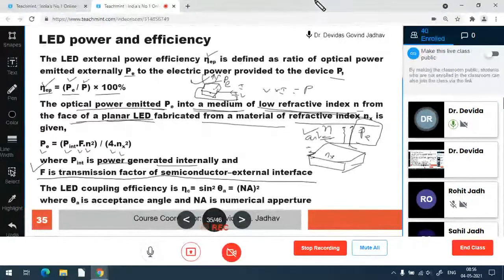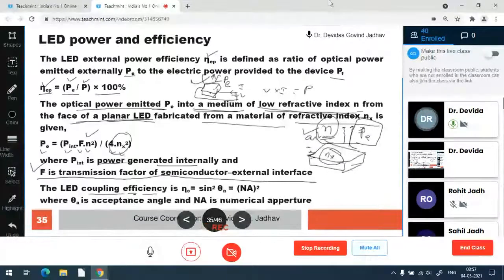So F is the transmission factor of the semiconductor external interface. n is the refractive index of the medium in which the emission takes place, and n x is the refractive index of the semiconductor material. Then one more is there, the LED coupling efficiency.